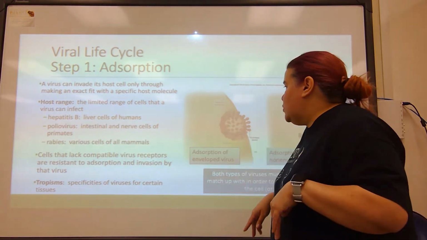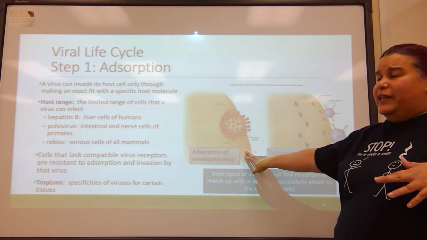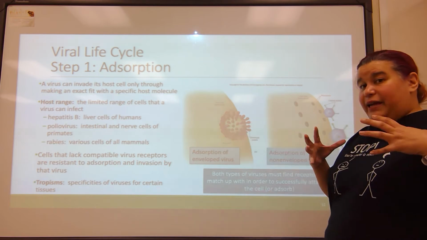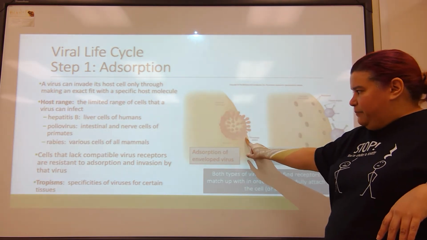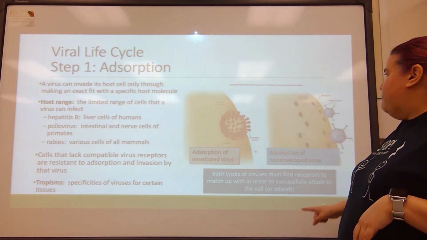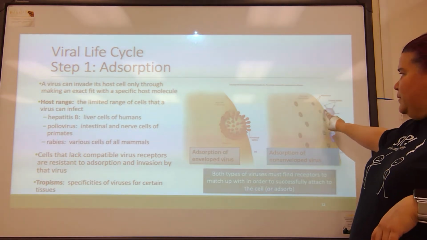Okay? So if you look here, if you've got an enveloped virus, those spike proteins are on the outside of it. So when they fit the receptor, it gets absorbed or adsorbed. Okay? The non-enveloped virus still has spike proteins.